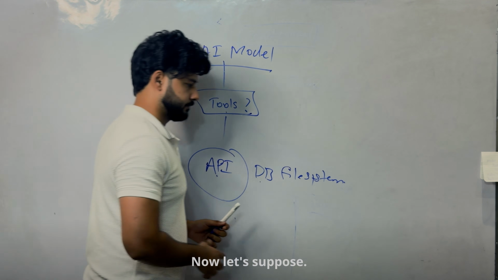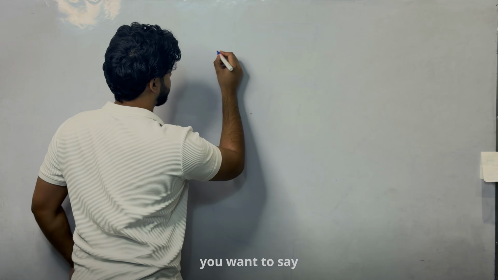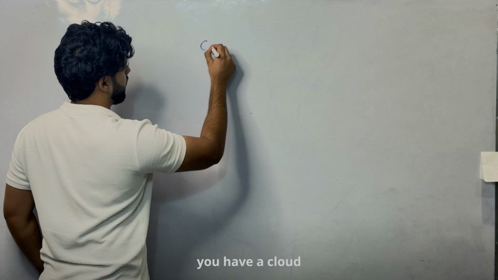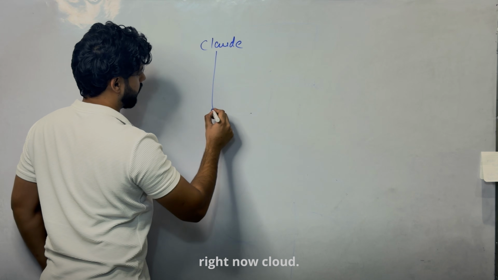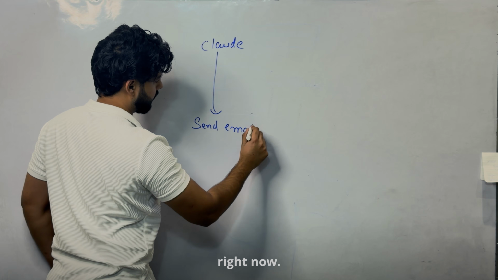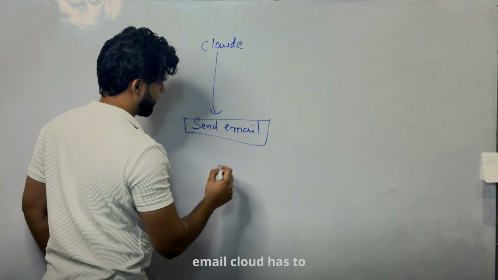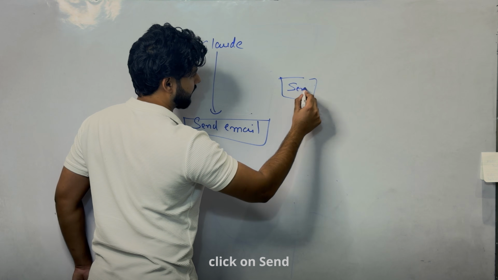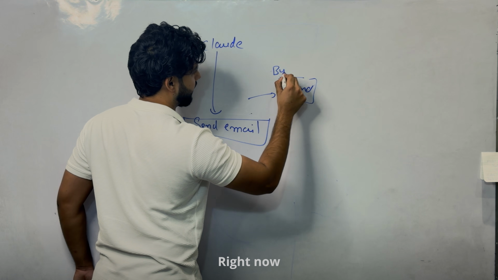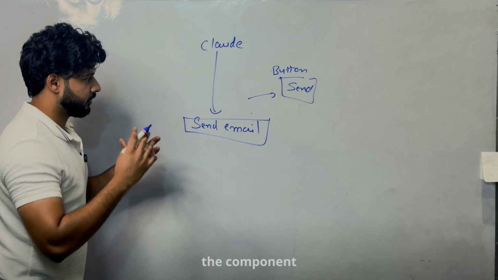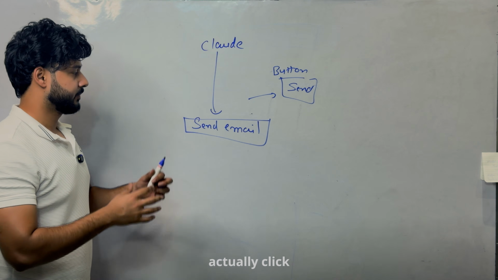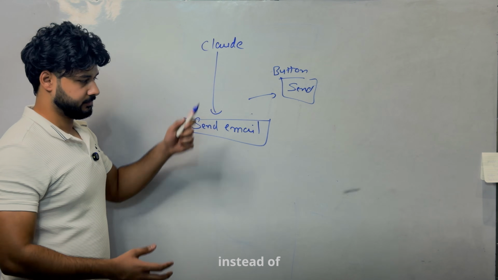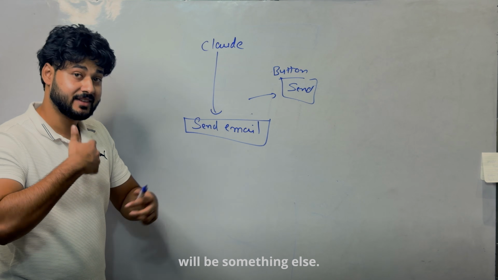Now let's suppose you have Claude, and Claude wants to send an email. In order to send this email, Claude has to click on the send email button, right? The component which will actually click on this button on behalf of Claude will be something else.